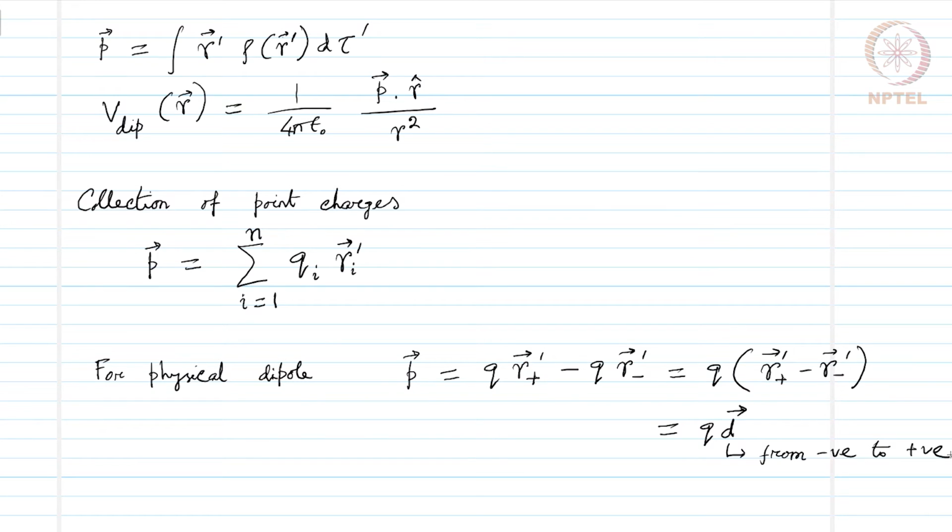Now, let us consider the case of a multipole expansion. Let us consider a 2-dimensional coordinate system. This is x, this is y, 2-dimensional for simplicity, and we make a translation of this coordinate system.